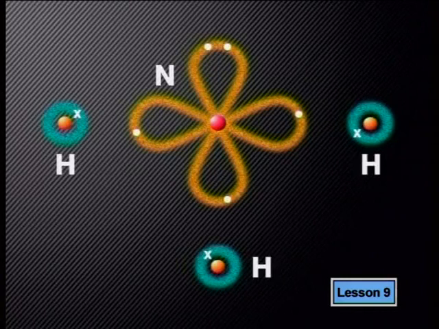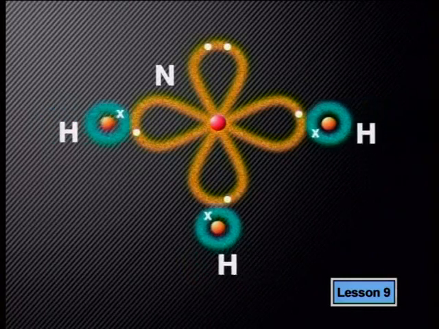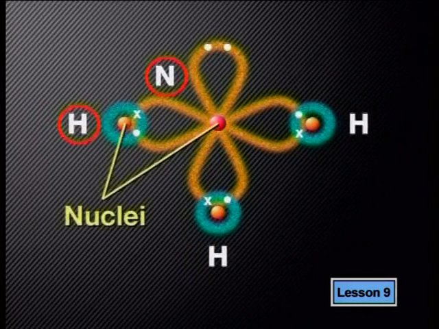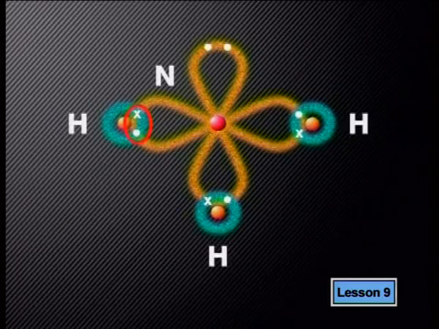However, in the ammonia molecule, the repulsion between electron pairs is not equal. Let's see why. In the nitrogen-hydrogen bond pair, there are 2 nuclei present. The electrostatic forces keep the shared electrons confined within the region between the nuclei in a sigma bond.